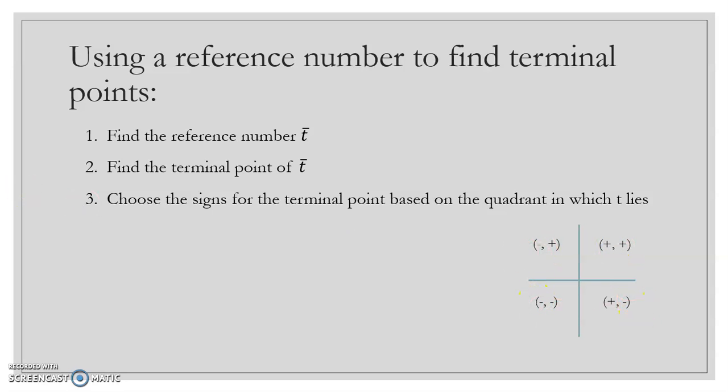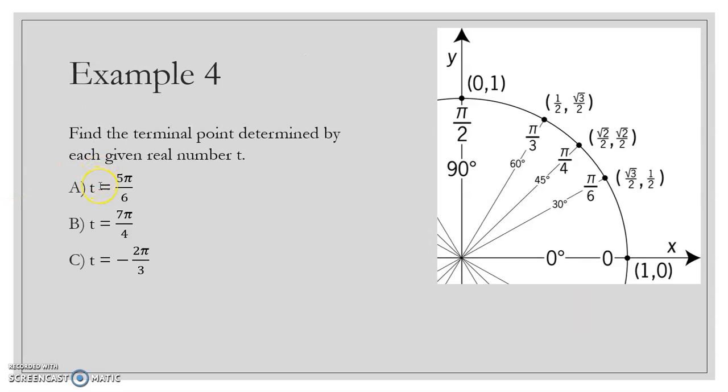So let's take a look at example 4. In part A, they said t equals 5 pi over 6. Now remember, 5 pi over 6 is going to be over here, which is in second quadrant. So I'm going to do pi minus 5 pi over 6 to get my reference number. So pi minus 5 pi over 6 is pi over 6.